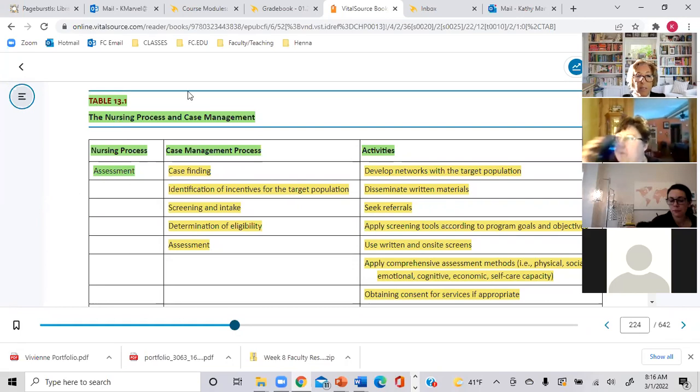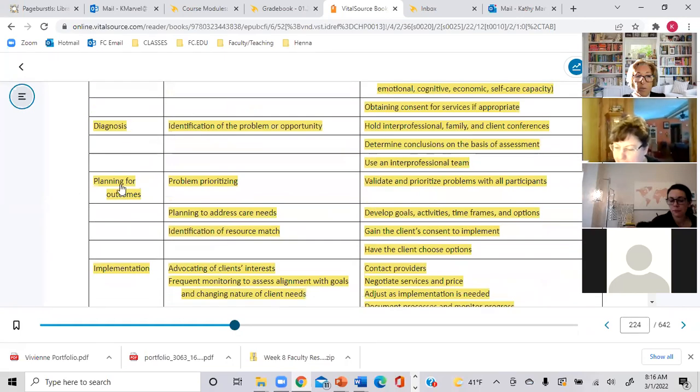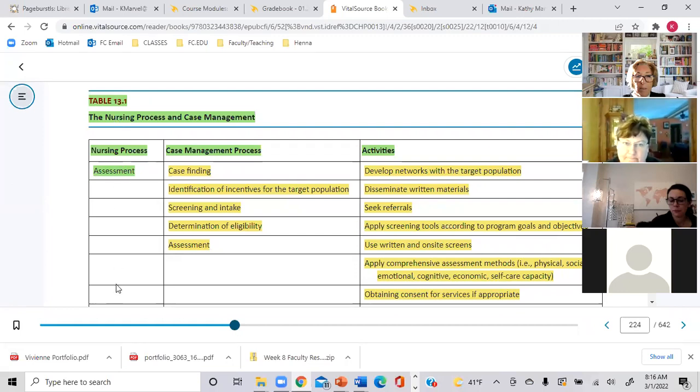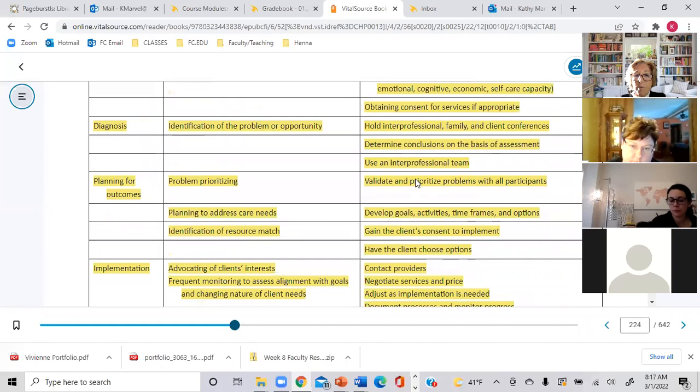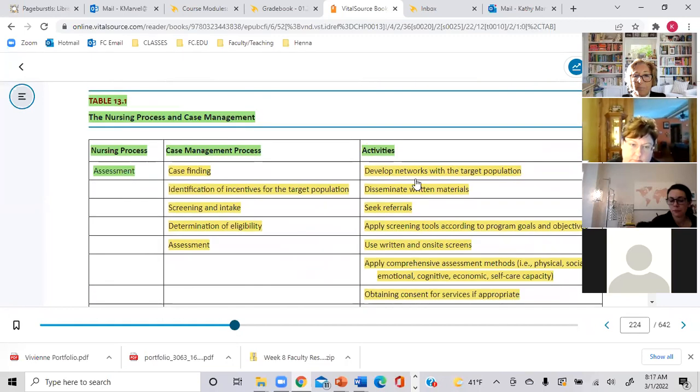It gives you your ADPIE on the left side. What does your ADPIE look like in the case management process? And on the last column, it gives you certain activities that would support that. So this is really a good box. I don't need you to memorize this box, but you need to have an understanding of how to apply the ADPIE to case management.